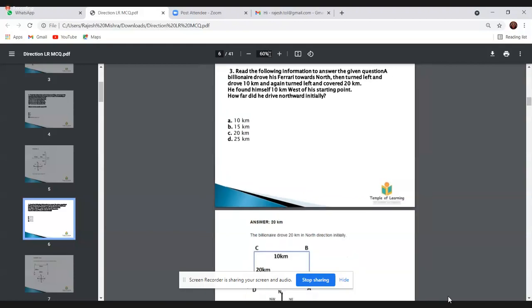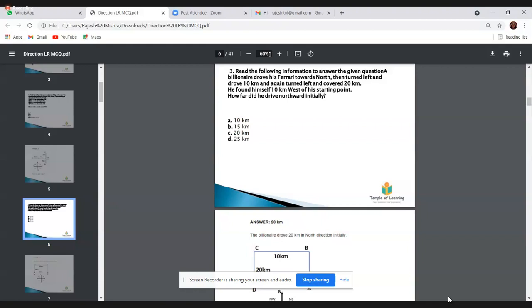Students, these questions are very easy. Now, just see, a billionaire is moving north. From A to B, he has moved north. Now, this distance is not known. Then he takes a left, goes 10. Now, 10 and 20 are not proportional in this diagram. That doesn't matter because the distance from A to D and B to C is 10 each. So, distance from A to B has to be equal to C to D. Yes or no?